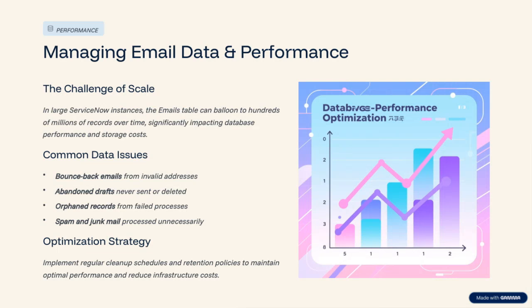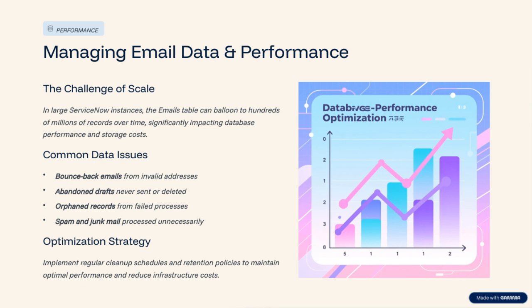Now, let's talk about the importance of implementing regular cleanup schedules and retention policies. By doing this, we can keep our systems running smoothly, maintain optimal performance, and also reduce infrastructure costs over time. One of the main issues we face is the accumulation of unnecessary email data.